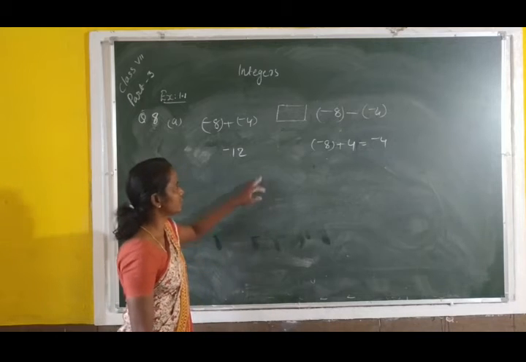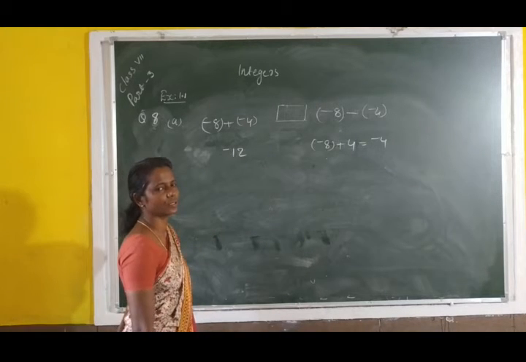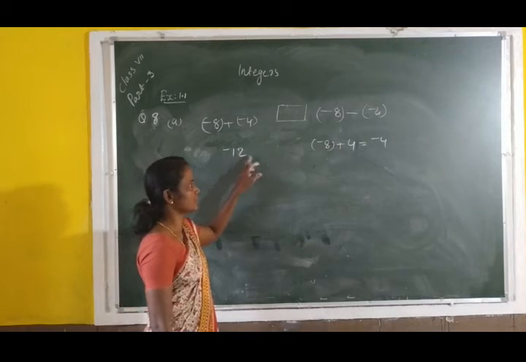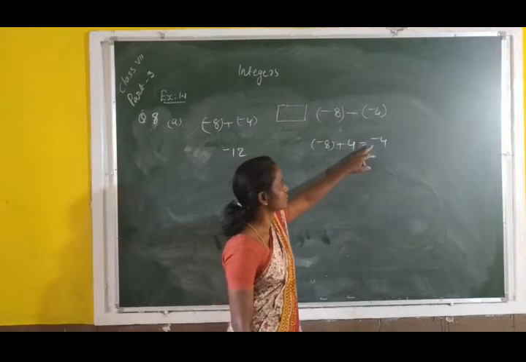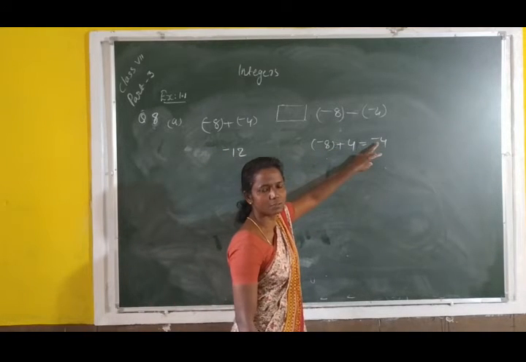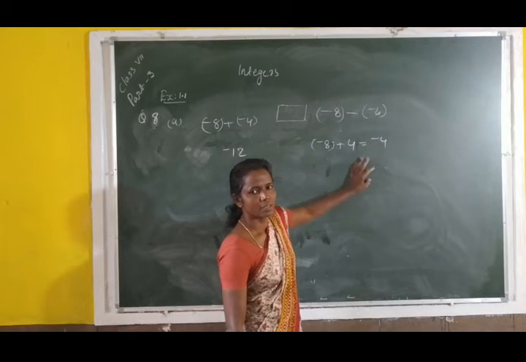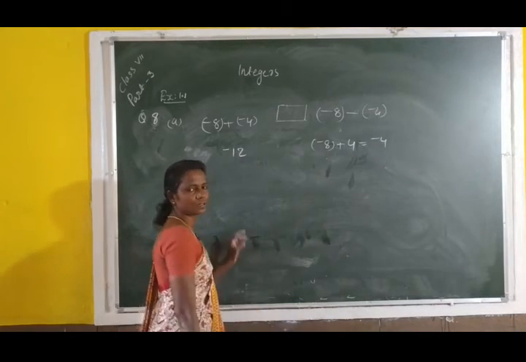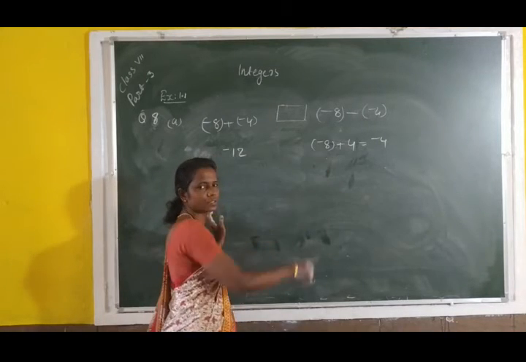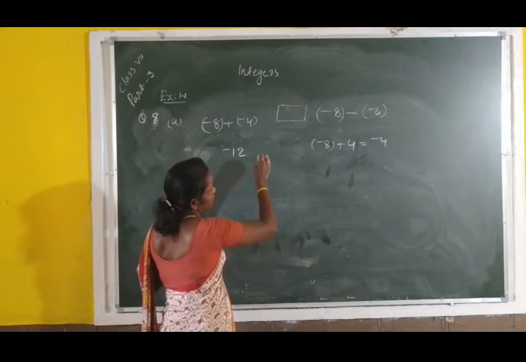Which one is bigger? Which one is smaller? You have to find it. Between these, which is the nearest to 0? Negative 4 is the nearest to 0. So negative 4 is the biggest number.